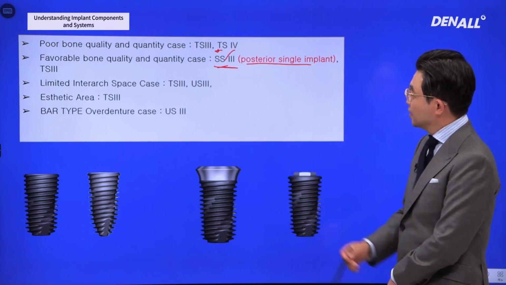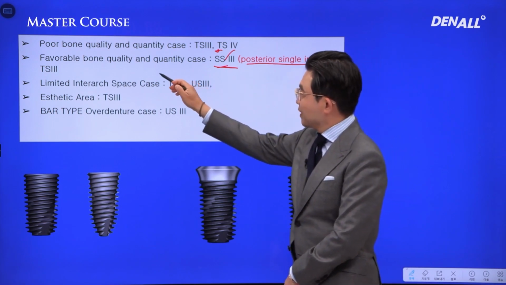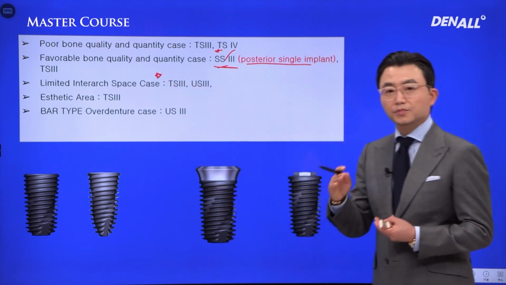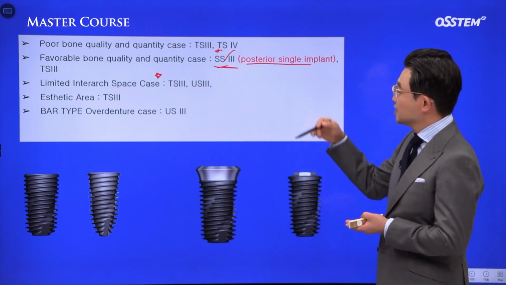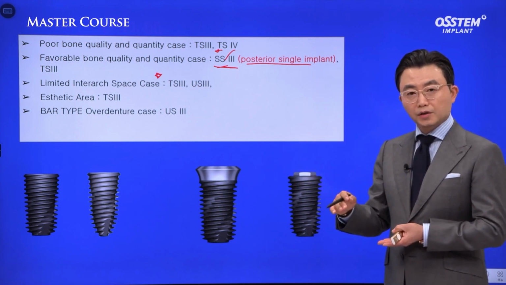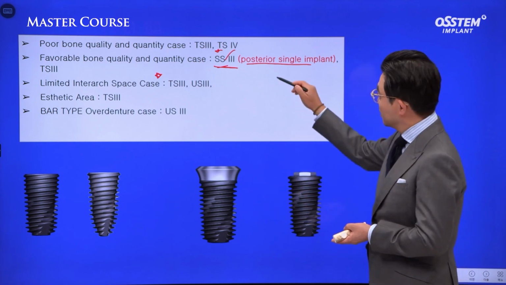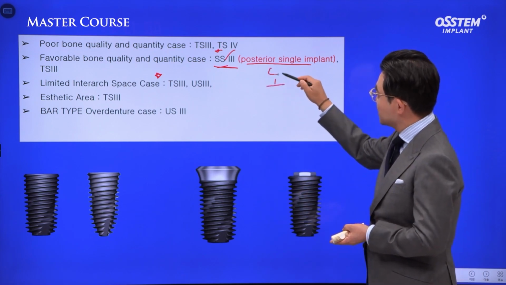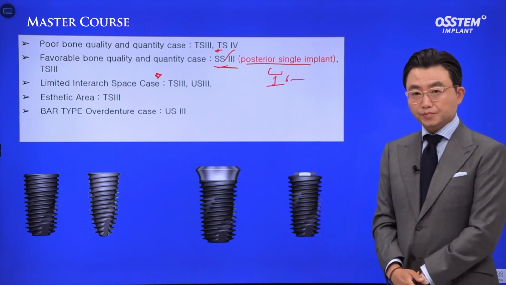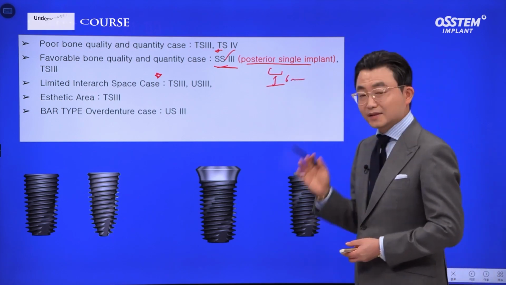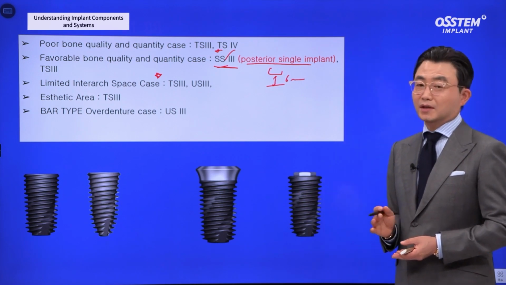Therefore, long term, it can be more successful. But if there's not much space on the posterior, and especially if the upper 7 has come down, then from the soft tissue to the opposing teeth, if the distance is less than 6 millimeters, then if you place an SS system, it will result in failure.